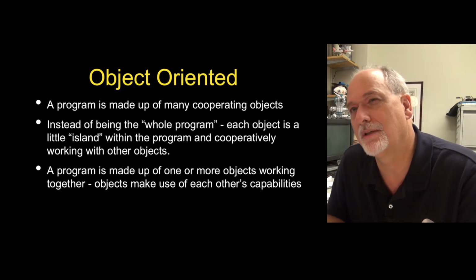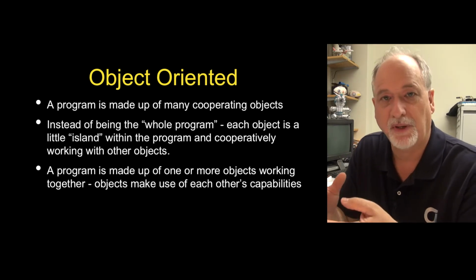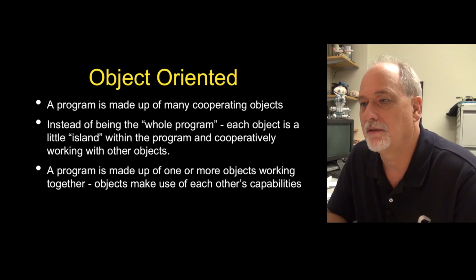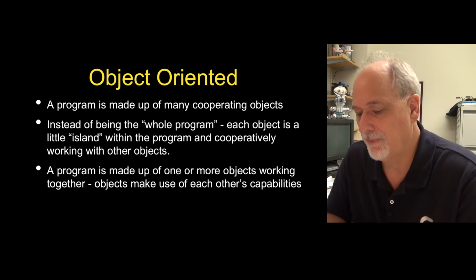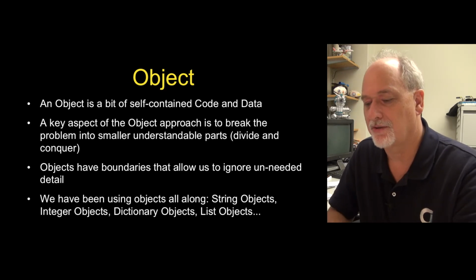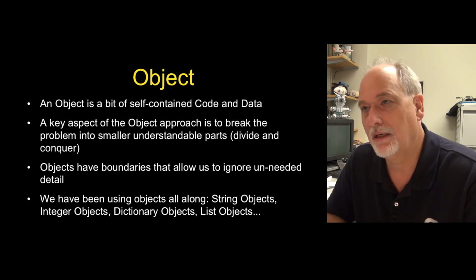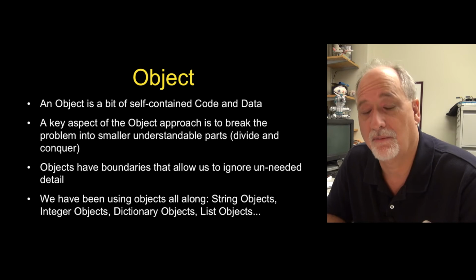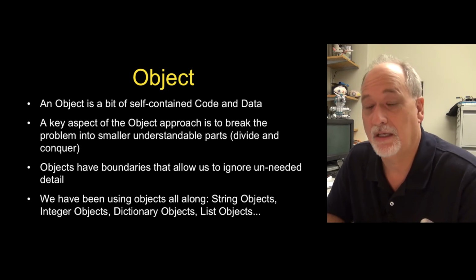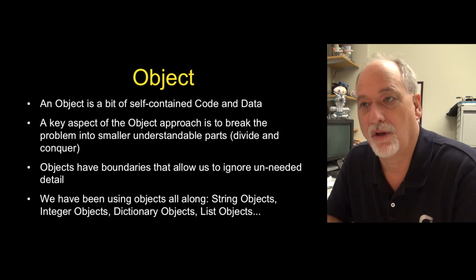An object is its own little space inside of a program that contains code and data. All these objects are now working together. It's a bit of self-contained code and data. And it is one way to take a very complex problem and make it easier by breaking it into separate things that can be engineered and developed separately.